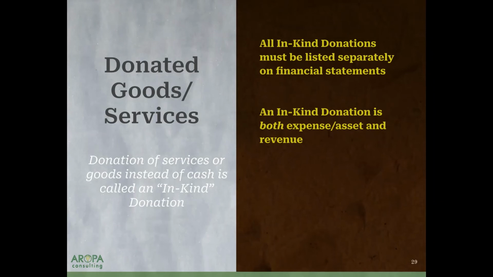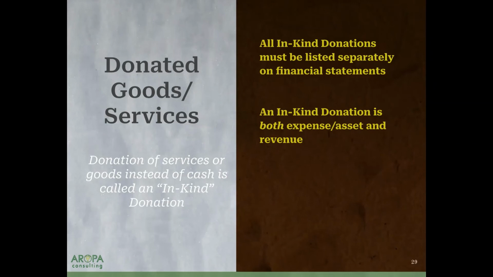Well, if I had not donated my services, you would need to find an accountant, right? That's a service that you would need to still pay for. So the idea is that you record $2,000 as a donation or as revenue, and then $2,000 as an expense, and the expense is accounting expense.